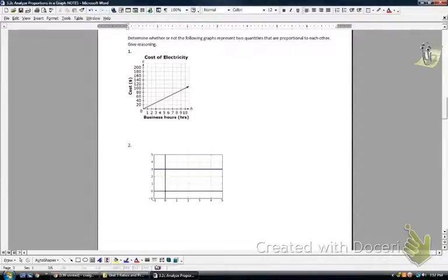All right, so let's look at our examples. It first says determine whether or not the following graphs represent two quantities that are proportional to each other, and then give reasoning. So here is our first graph, and we're supposed to decide if it's proportional or not. So I'm looking, it's linear, it's a straight line, and it passes through the origin. So the answer to this is yes, and the reasoning is passes through origin.